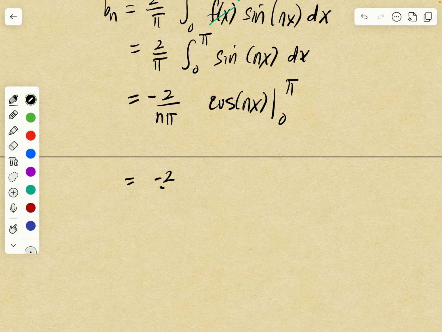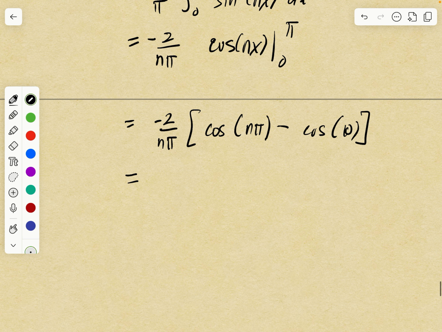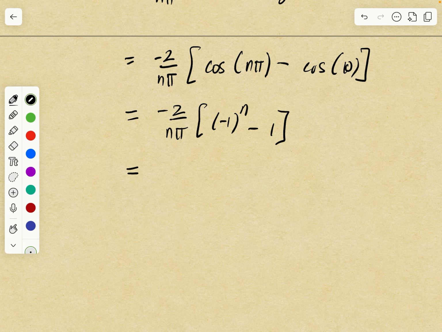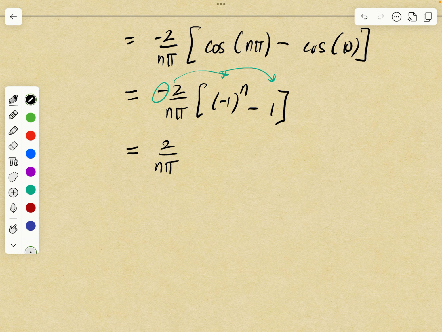Now we evaluate the integral, so negative 2 over n pi times cosine of n pi minus cosine of n times 0, which is cosine of 0. Cosine of n pi is negative 1 to the n, and cosine of 0 is 1. To make this a little simpler, you can distribute the negative sign, so you get 2 over n pi times negative 1 to the n plus 1 plus 1.